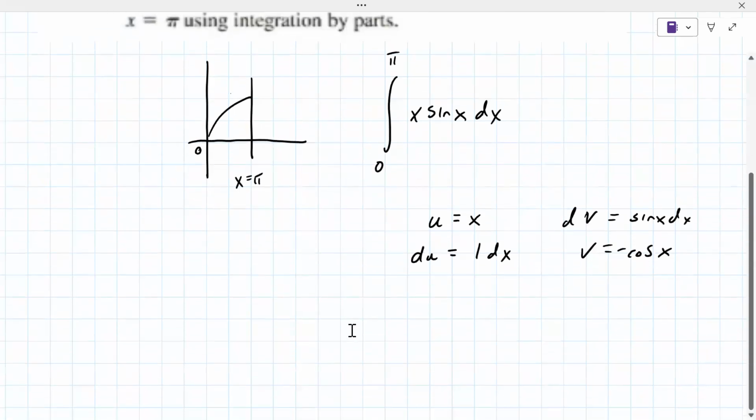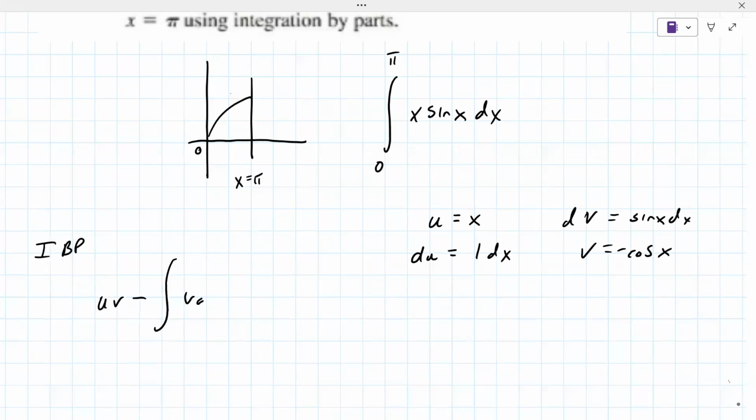So do you remember the formula for integration by parts? It's uv minus integral v du.